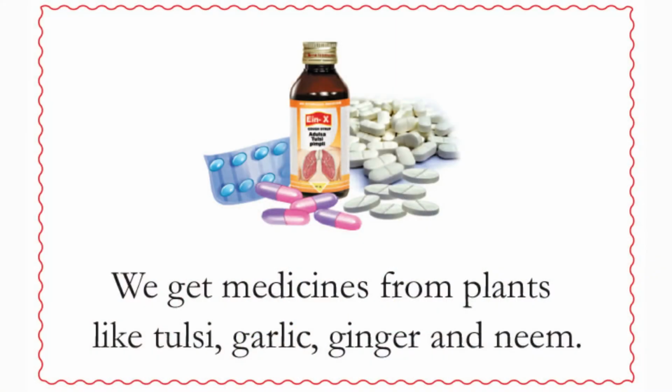Let's go on. In the next page of your textbook, we will also see that plants give us medicines. Roots of plants, stem of plants, seed of plants, flower of plants, everything will give us medicines. Even parts of the bark of the tree will give us medicines.